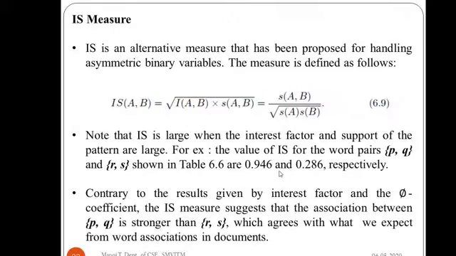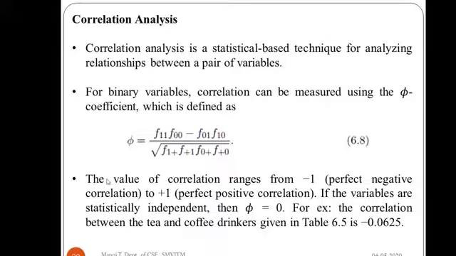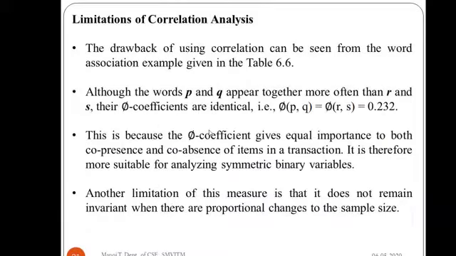If you see this particular formula for correlation analysis, it is giving equal importance to the co-presence as well as co-absence, because of which we are getting values like this. So this particular correlation analysis is more suitable for analyzing the symmetric binary variables compared to the asymmetric binary variables.